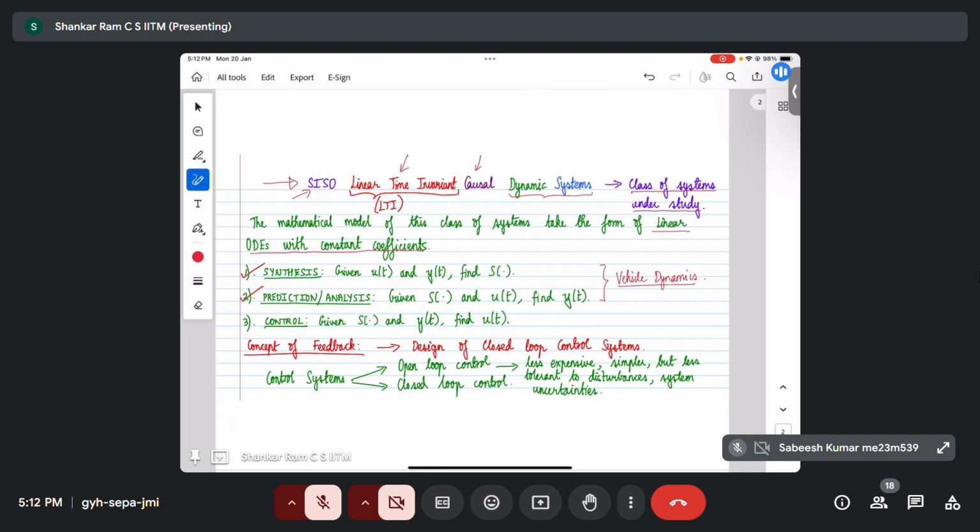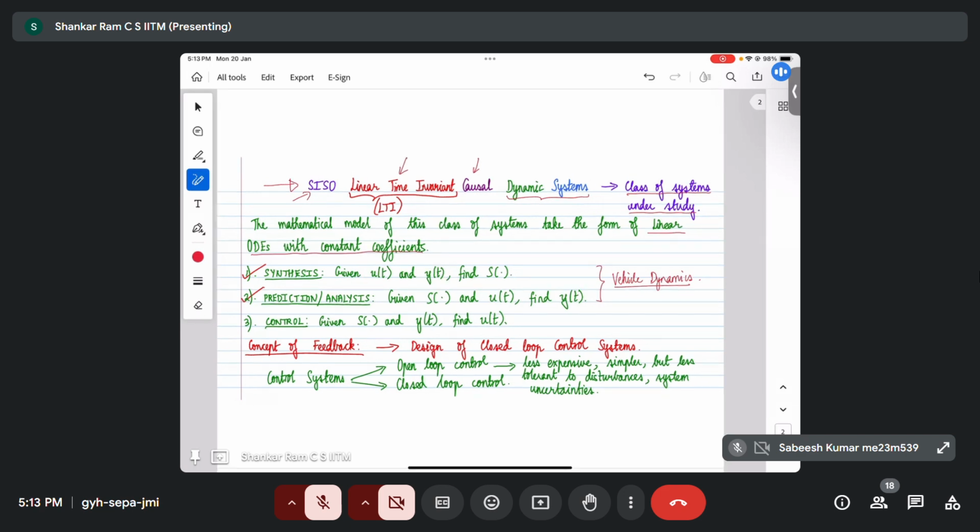That is, given various inputs, how do we get the corresponding output? So given S and U, how do we find Y? This is what we would have done predominantly in vehicle dynamics, be it acceleration or braking or cornering and so on. So we would have solved the problem of synthesis and analysis or prediction.